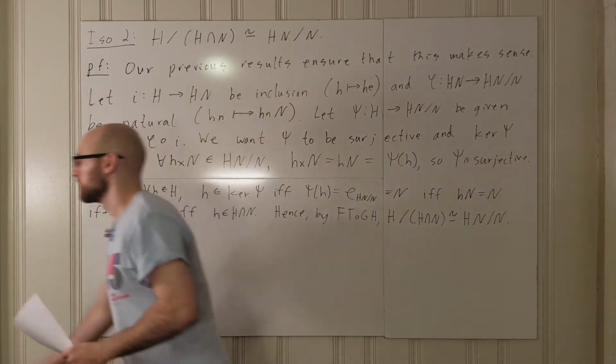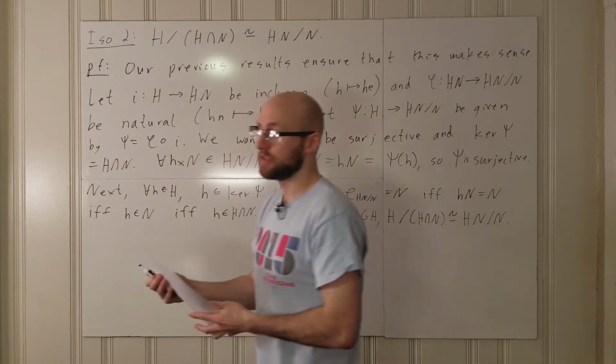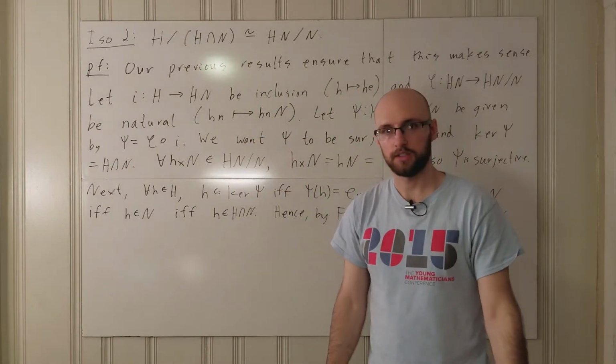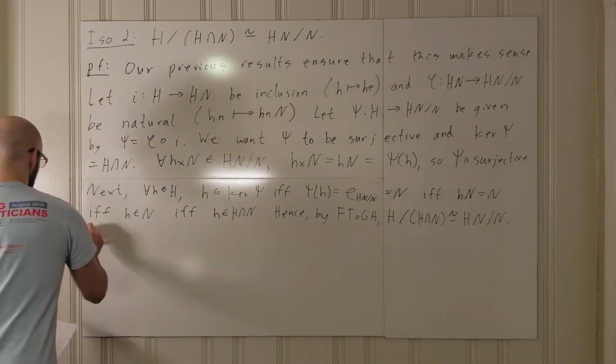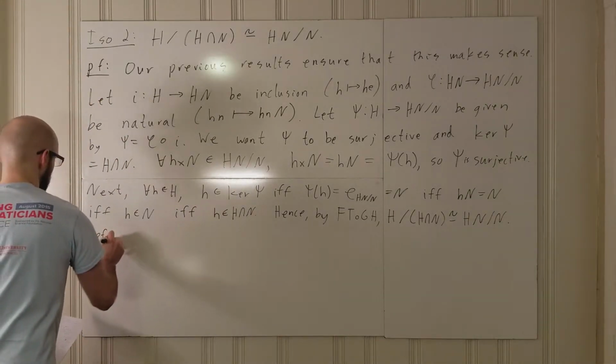And let's see here. One thing we're going to start with is now we're going to talk about semi-direct products. So, sort of changing gears here, but sort of not. And you'll see why.